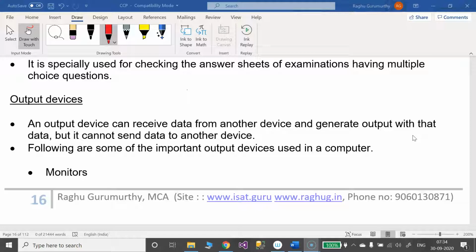Output devices accept data from the computer and display the data, irrespective of what data and information it is going to display. So it is not going to forward that data to any other devices. Following are some of the important output devices used in computers.